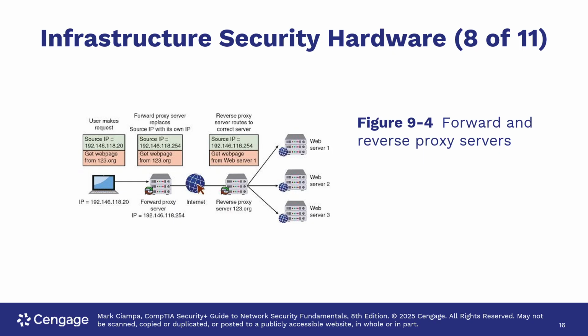And once it gets out on the internet, there's a reverse proxy. And that's on the 123.org side. And on the 123.org side, that's where you have Web Server 1, Web Server 2, Web Server 3 that then eventually want to send information back to the first computer where the user is on the left.